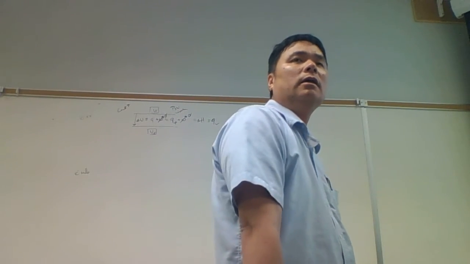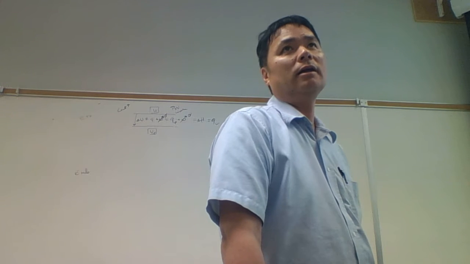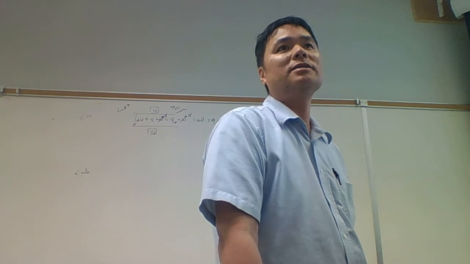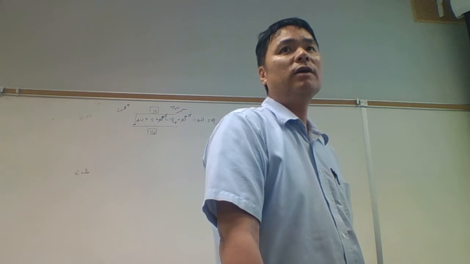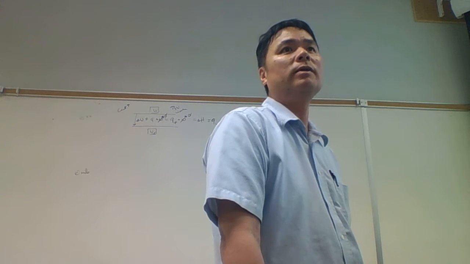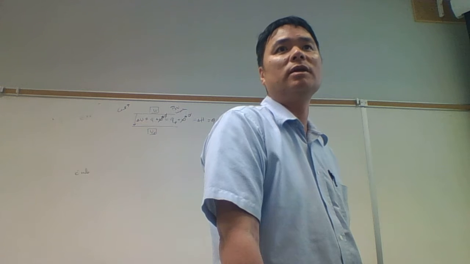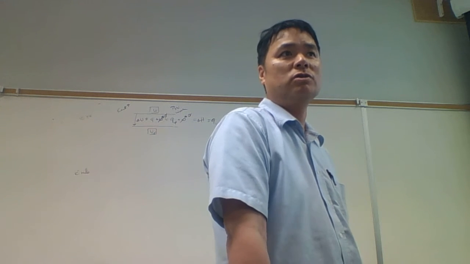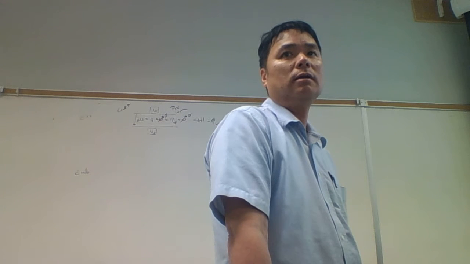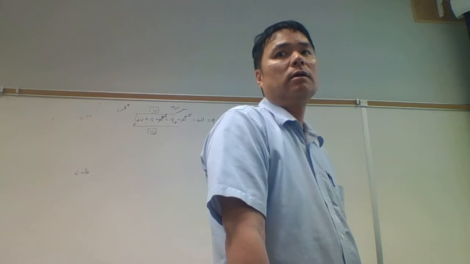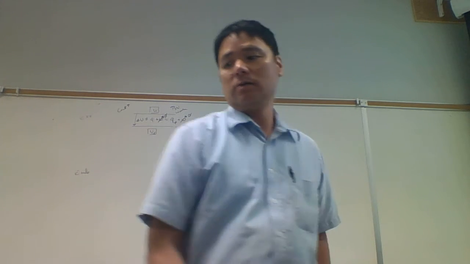I said we have 2 unknowns, 1 equation. If we have 2 unknowns, 1 equation, then we have 2 choices: 1, it's impossible to solve, or 2, we do what? Assume 100%? No, not assume 100%.